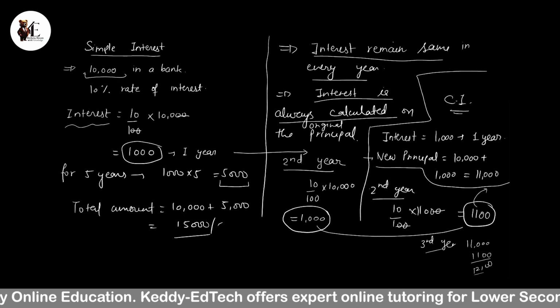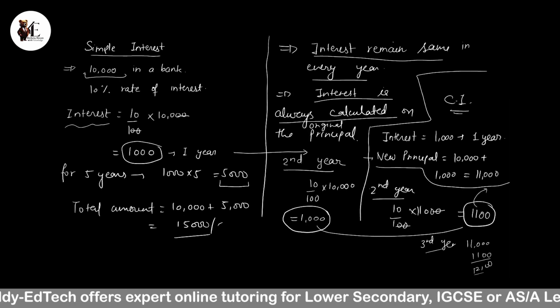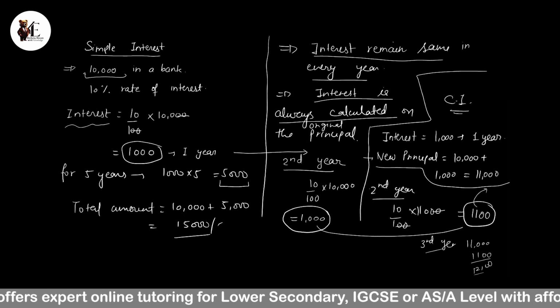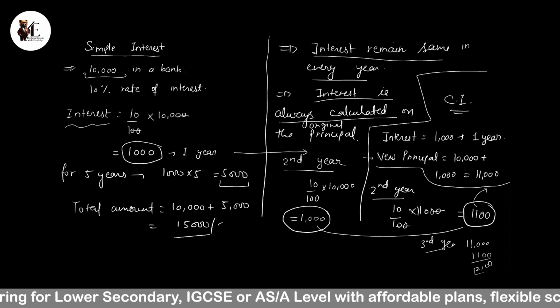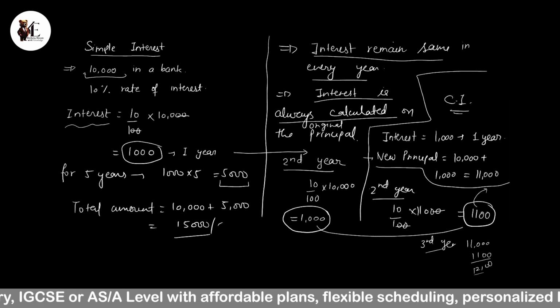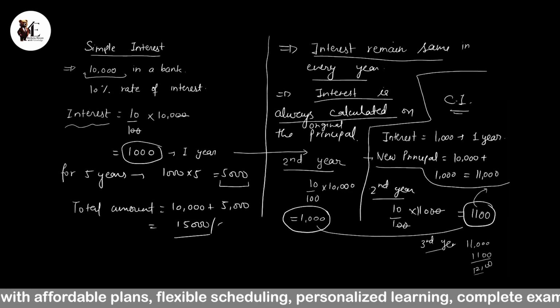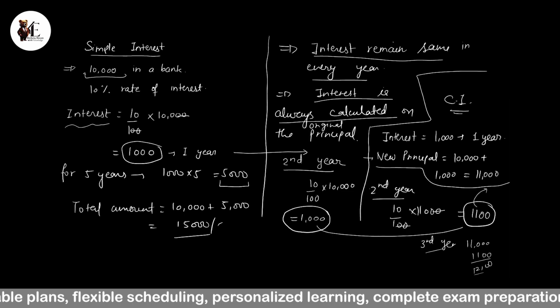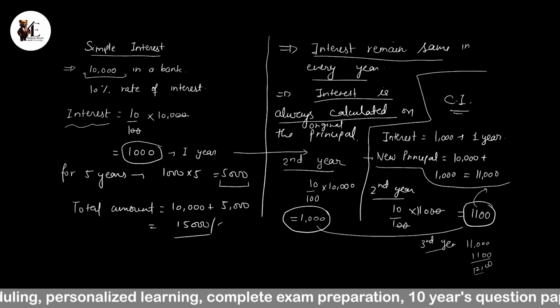Okay, so for the second year, you first got the interest, and then you calculated the new principal, and then on the third year you add it to itself.